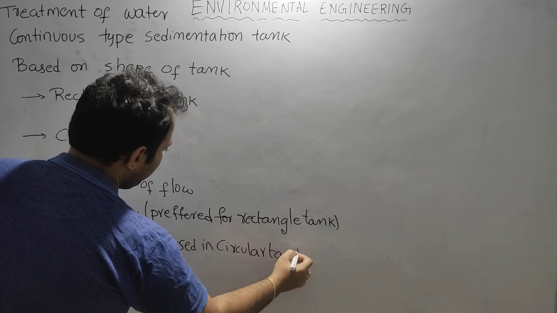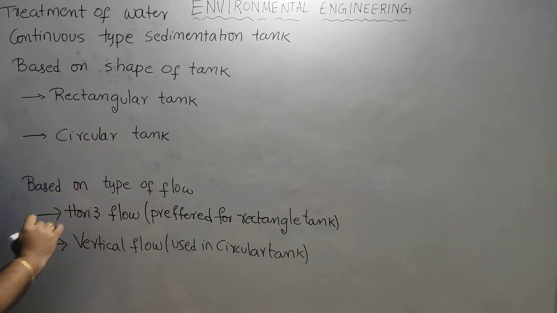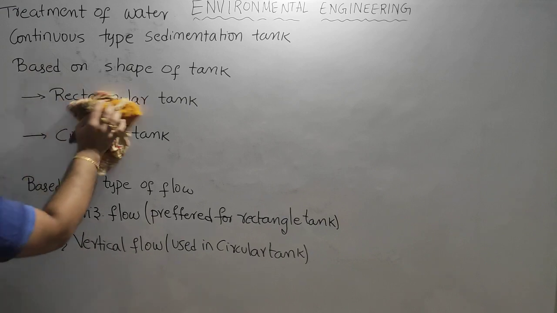So based on flow it is vertical and horizontal, and based on shape it is rectangular and circular. These are the classifications of the sedimentation tanks.